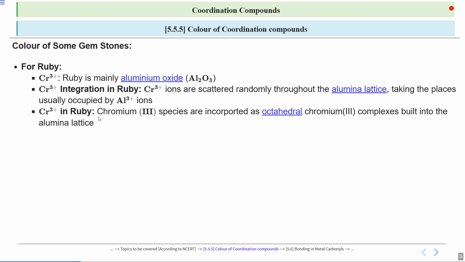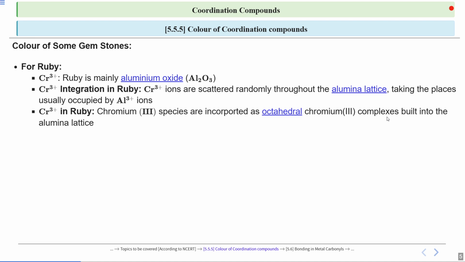Chromium 3 positive in the ruby. Now, chromium plus 3 species are incorporated as octahedral chromium plus 3 complexes built into the alumina lattice. So inside the structure of this aluminium oxide of the ruby, the chromium plus 3 complexes in the octahedral form are incorporated.